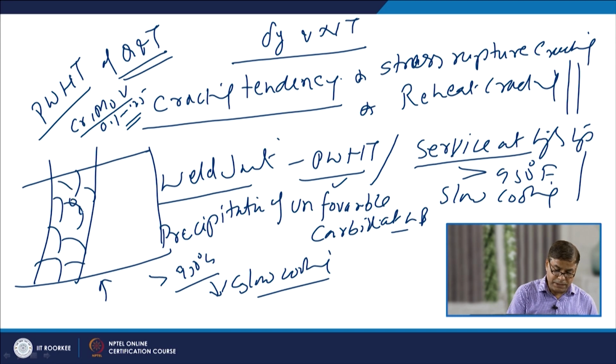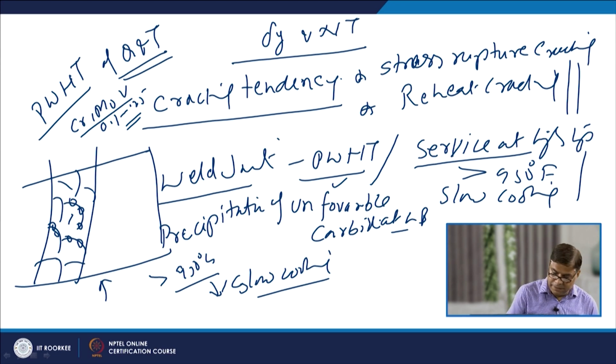The precipitation of the carbides at the grain boundary disturbs the strengthening contribution given by the grain and the grain boundaries. In this case grain boundaries are weakened due to the formation of these unfavorable precipitates as compared to the grain, and under the external stress conditions these tend to show cracking.